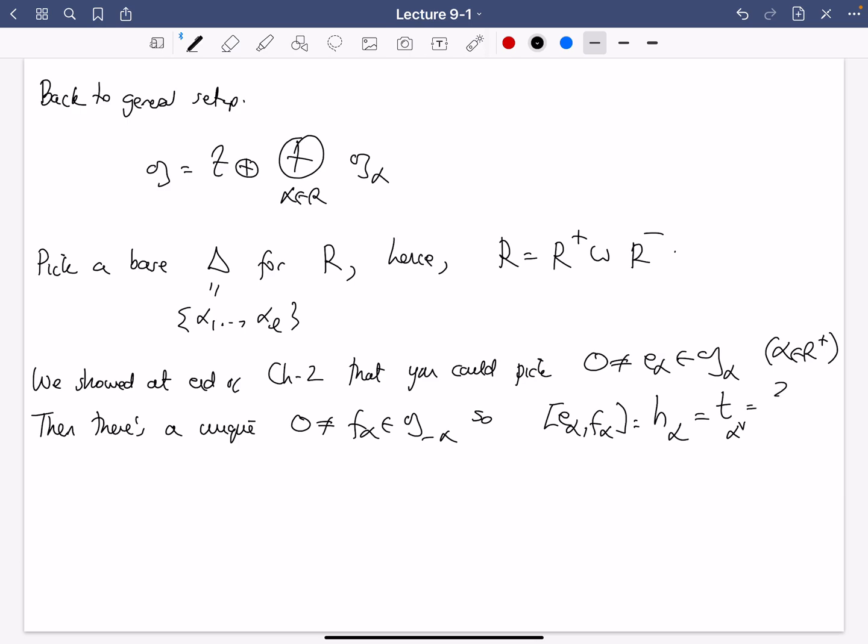So remember, we defined it actually as twice T alpha over T alpha, but it's just the same as saying it's the element of T corresponding to the co-root alpha check in T star.